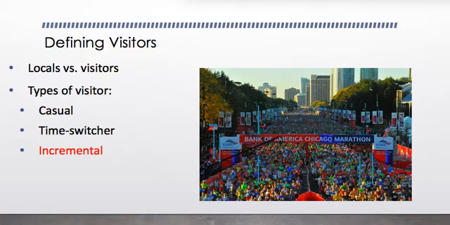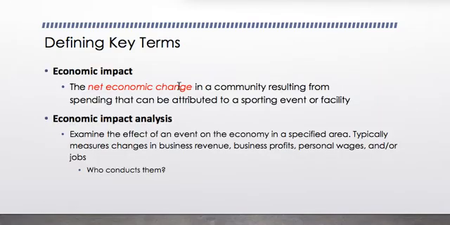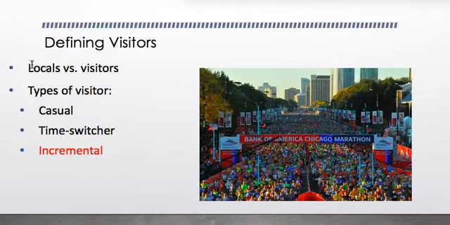Because that local probably would have gone out to eat in the area and spent that money anyway, right? So if we were to look at that local spending when we're calculating economic impact, it wouldn't be a true measure, right? Because like we said back here when we introduced the term economic impact, we want to see the net economic change that resulted from spending. And if we're looking at local spending, that's not really assessing change, right? Because that spending was going to occur anyway in some capacity.